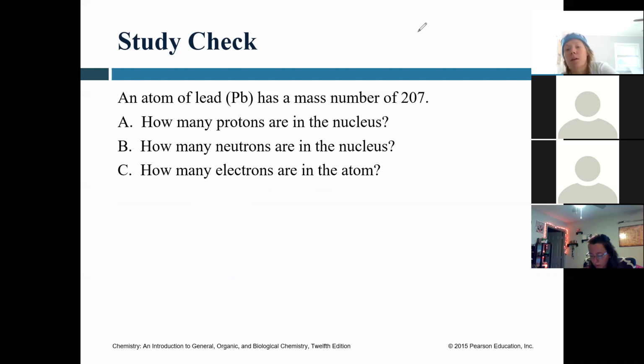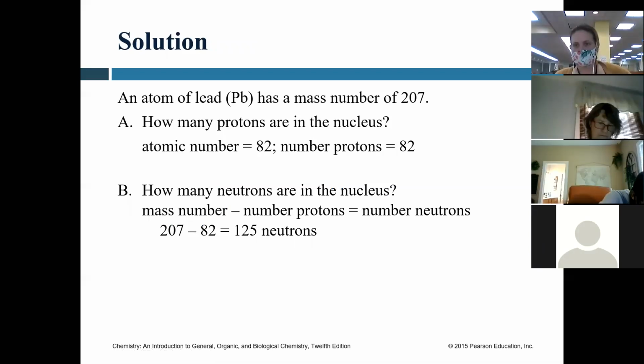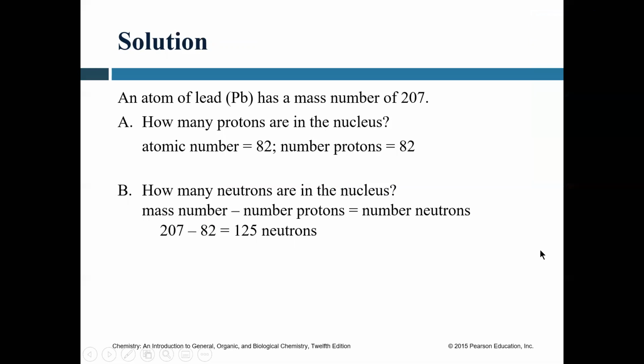And we end up with 125 neutrons. Any questions on how those numbers get calculated? Protons are easy. It's the same as your atomic number. Neutrons, you have to do a little bit of work. And electrons, sometimes you have to do a little bit more work.